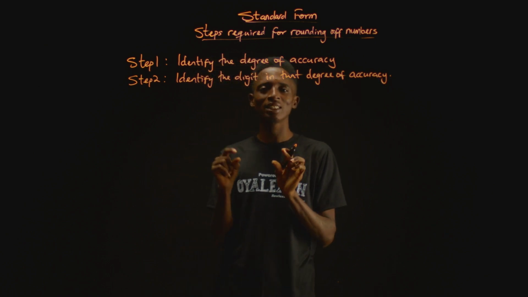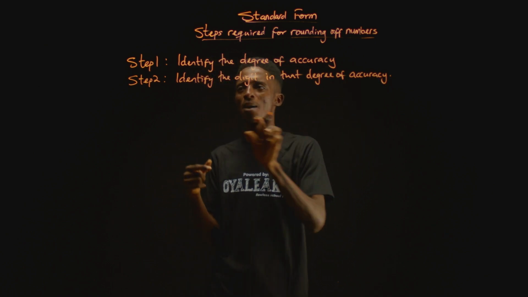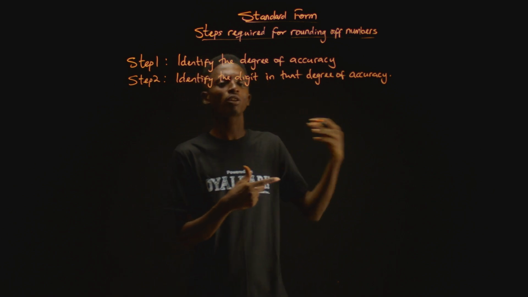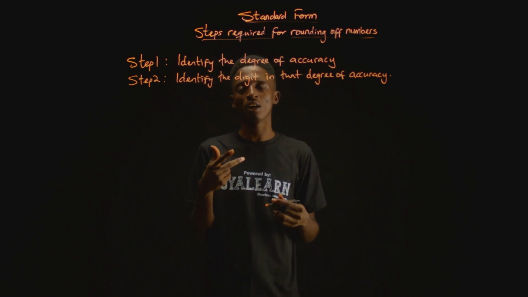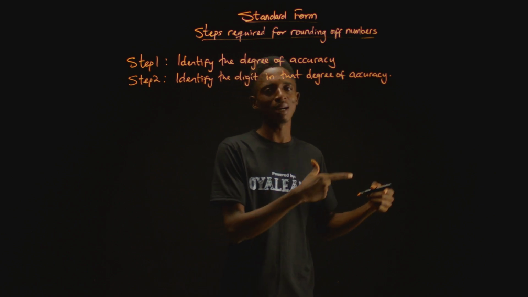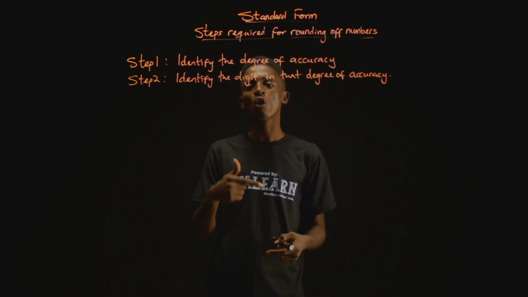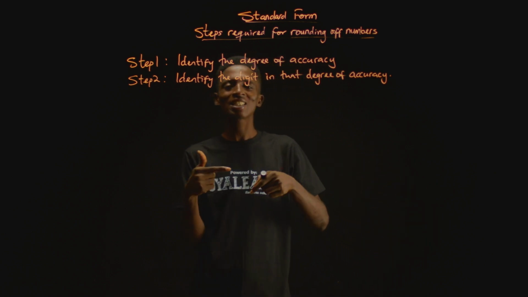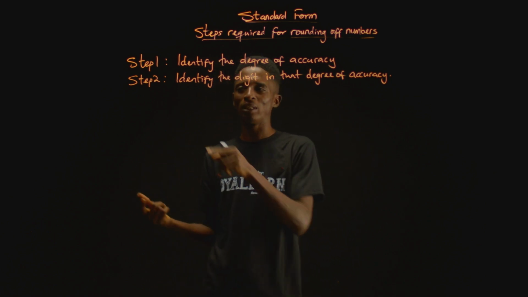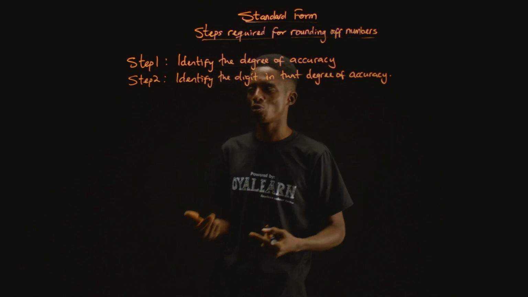After you have identified the digit that lies at that point, say for example, if you're asked to round off a number to 2 decimal places, you look for the digit that lies at the second decimal place. That is what step 2 tells you to do.